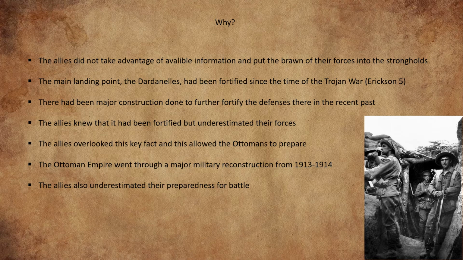They knew that there had been construction going on to plant more mines, build concrete defenses along the straits and their forts, but the Allies still overlooked this key fact and allowed the Ottomans to prepare, especially in that month and a half period between when the Navy stopped attacking and the troops actually landed in April. This month and a half would again allow time for the troops to prepare, gather weapons, further fortify, plant more mines, heal and rest up.